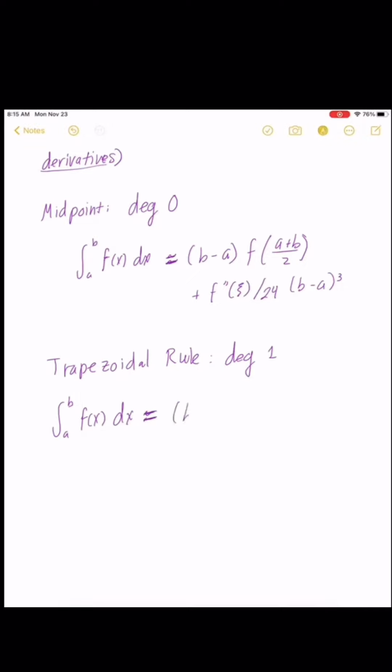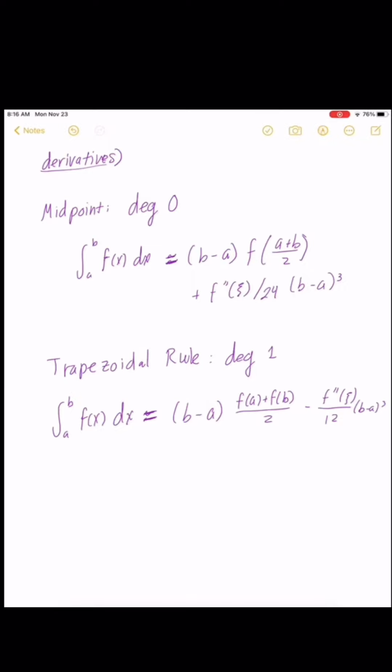Equals b minus a times f of a plus f of b over 2, minus f double prime over 12 times b minus a cubed. Oh, I know I didn't do a composite midpoint rule. And then we have Simpson's rule, which is quadratic, but I'm not going to write that down right now.